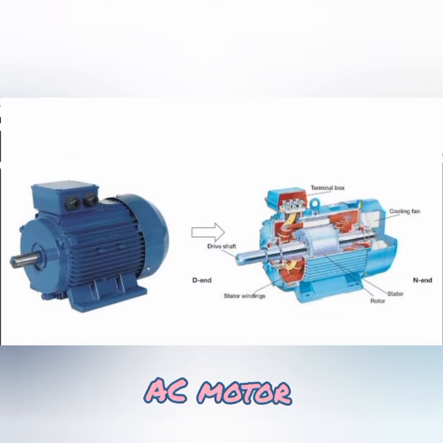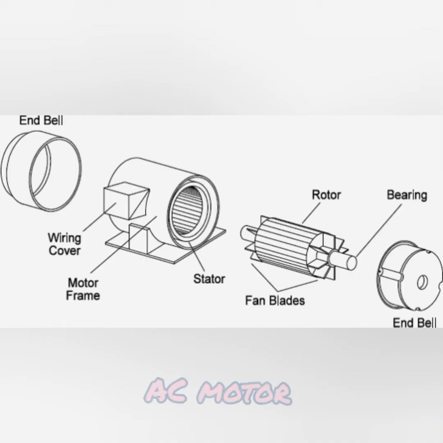The stator means the stator winding, and the rotor means the rotary portion, with bearings and drive shafts. The rotating part, the rotor, additionally carries fans, so fan blades are connected to the rotor in order to reduce the heat of the motor. So this is the part-wise construction of your AC motor.